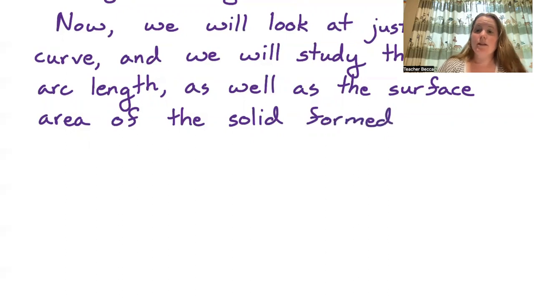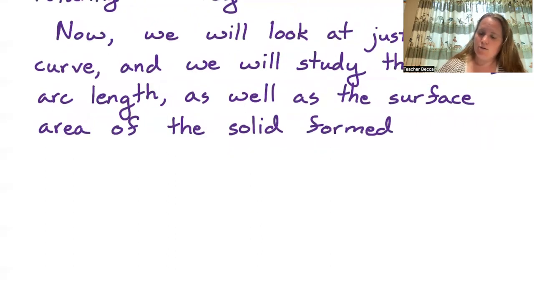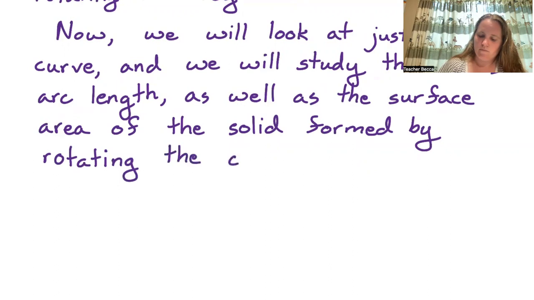So instead of rotating a two-dimensional region, we are now just rotating a curve. And so it's just creating kind of the outside of the solid. So we are studying the surface area of the solid formed by rotating the curve about an axis.